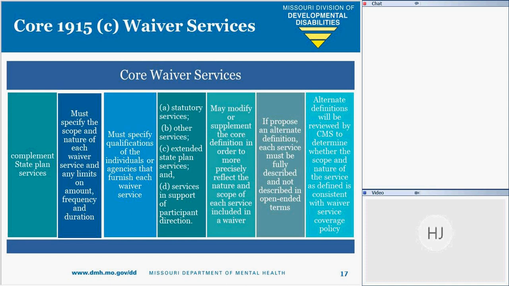However, if we propose any alternatives, we must fully describe what that service is, and we cannot leave that definition open-ended. And then there are specific requirements they use to review, to make sure that all services are consistent with their waiver service policy and coverage policy.